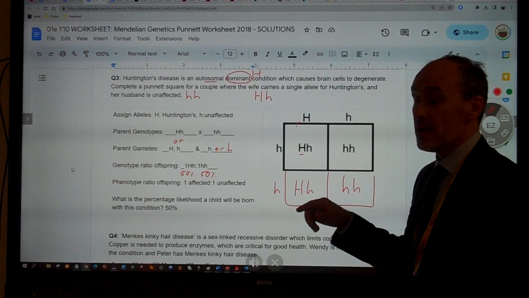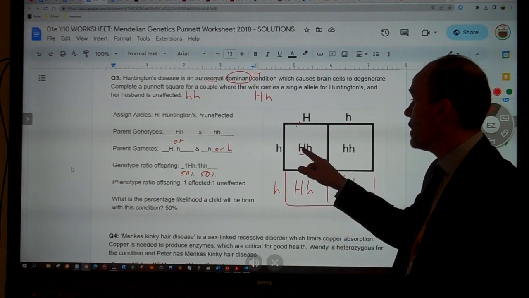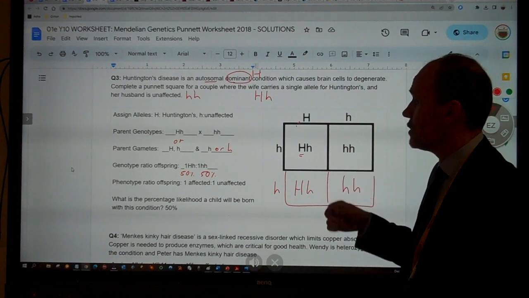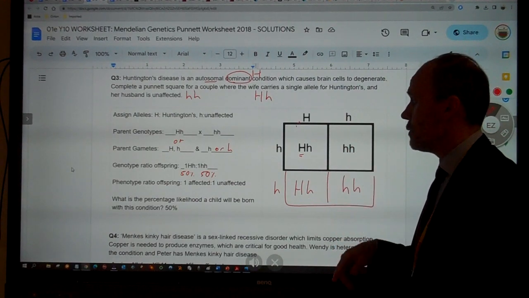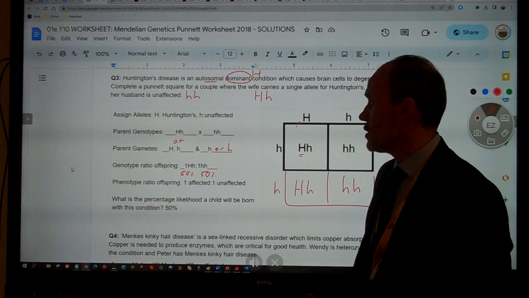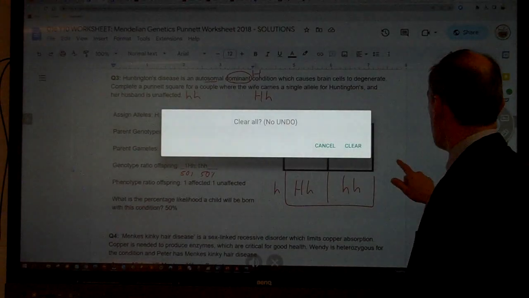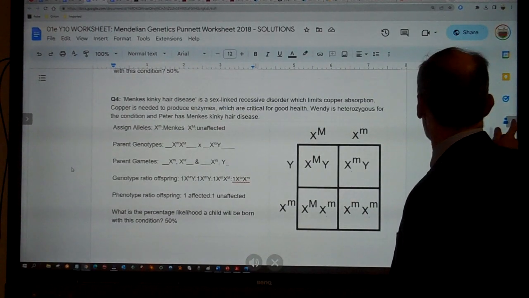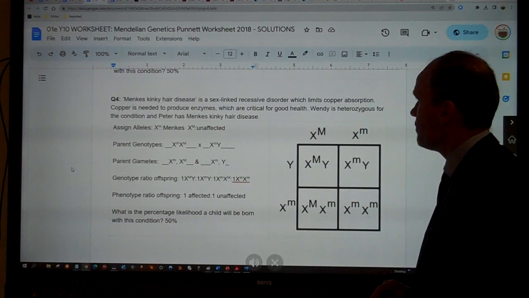I used the word carrier, that was incorrect. Of course, 50% of children will be affected. They will have the condition because it's a dominant condition. And 50% will be unaffected. Percentage likelihood a child will be born with the condition, 50%. No such thing as a carrier for a dominant condition.